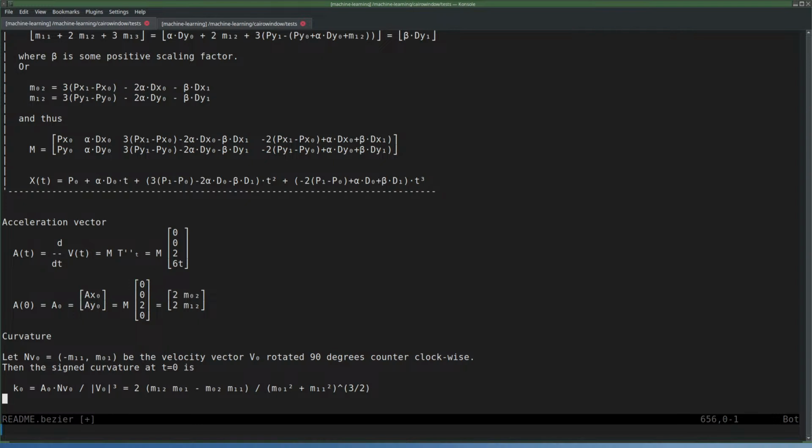Is this correct? Just a single scalar, man.